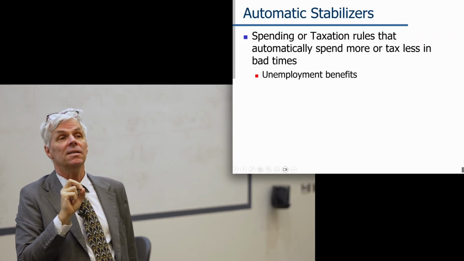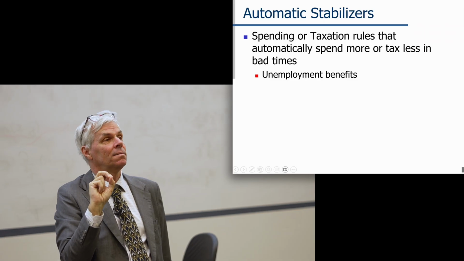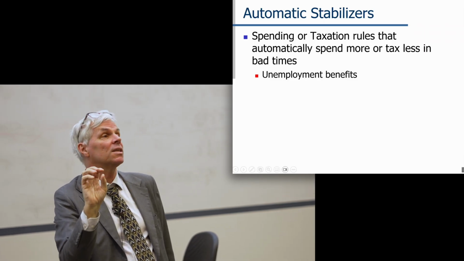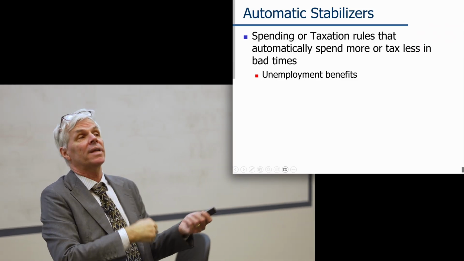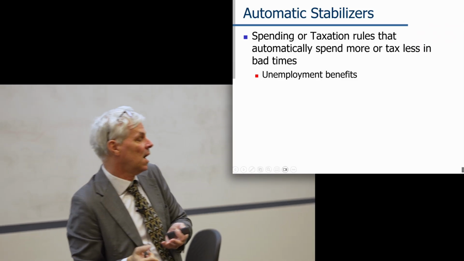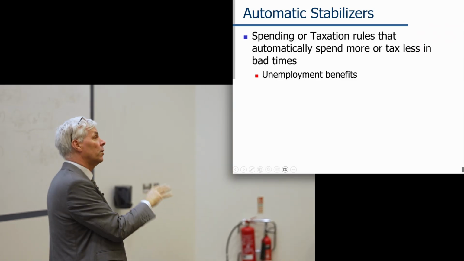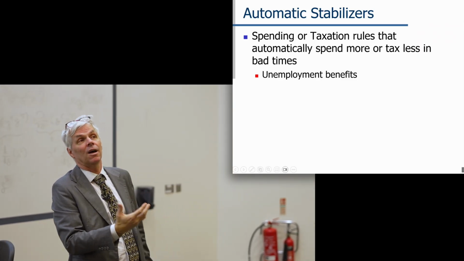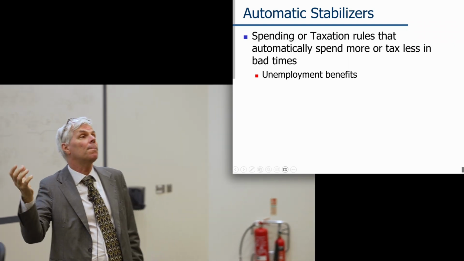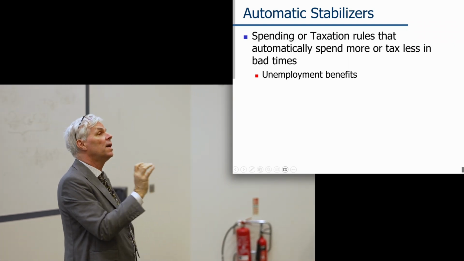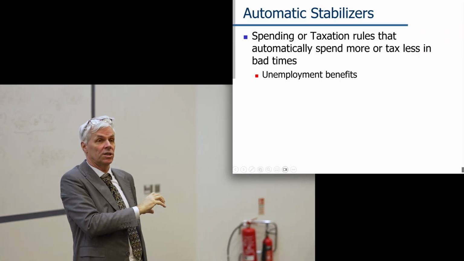And so this is a negative tax. It's not government spending because we're not buying a good or service, but we are giving him money. So it's like we're taxing him a negative amount. This is a transfer payment. We're transferring him money. That makes him feel not rich, but less poor than he otherwise would, and so he doesn't cut back his consumption as much as he otherwise would if he lost his job.